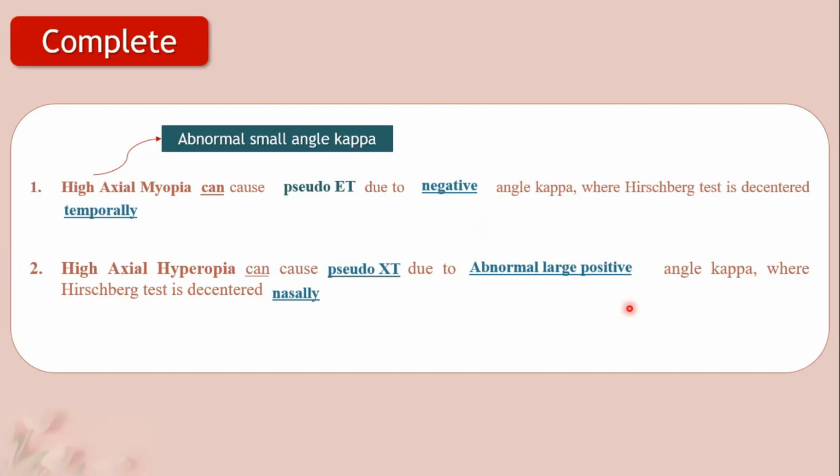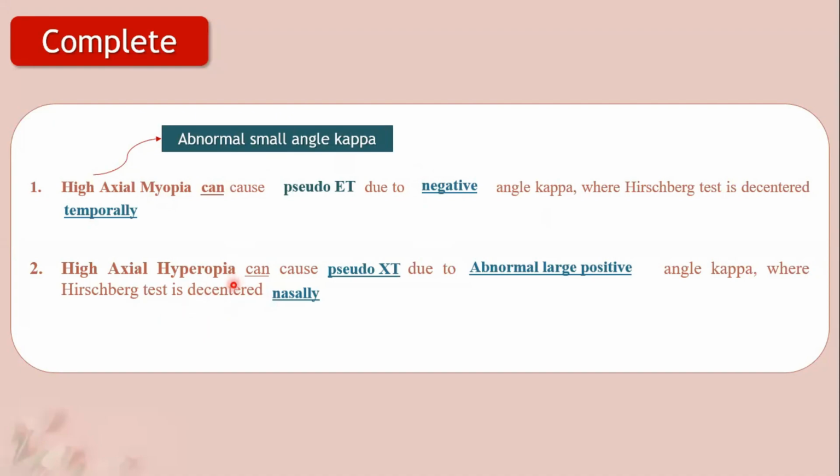One more thing about this slide. Whenever we ask students whether high axial myopia causes large angle kappa or small, they usually say large. They think that myopia is a large globe, a big globe, so the angle should be large. But as you know from the previous class, high axial myopia can actually cause abnormally small angle and even negative. Most of them are also confused about hyperopia.